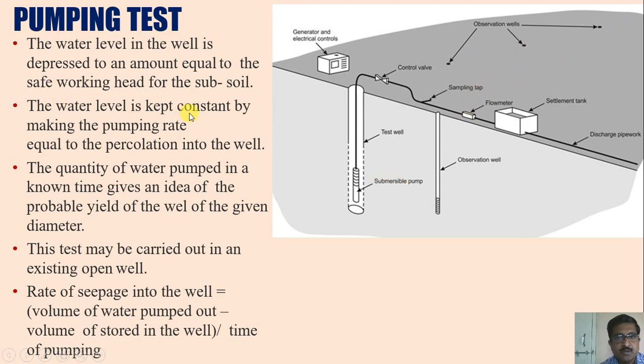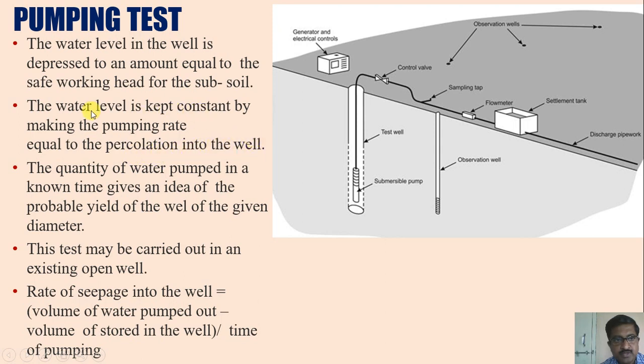So what is a pumping test? The water level in the well is depressed to an amount equal to the safe working head for the subsoil. The water level is kept constant by making the pumping rate equal to the percolation in the well.